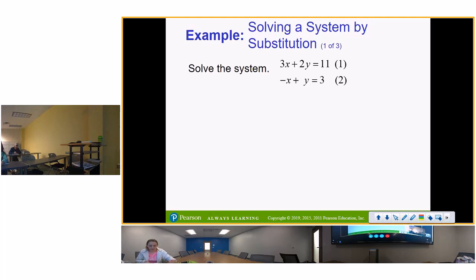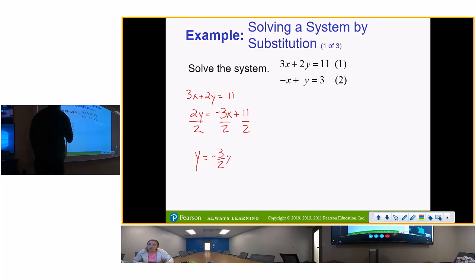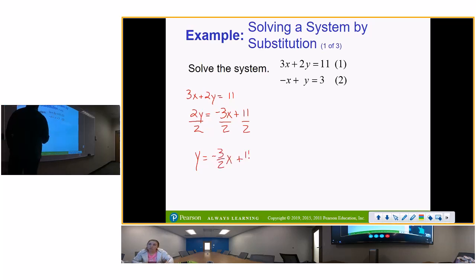3x plus 2y is equal to 11, and 2y is equal to negative 3x plus 11, divide by 2, divide by 2, divide by 2, y is equal to negative 3 halves x plus 11 halves.